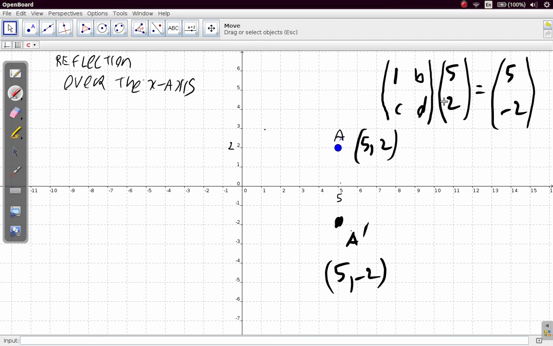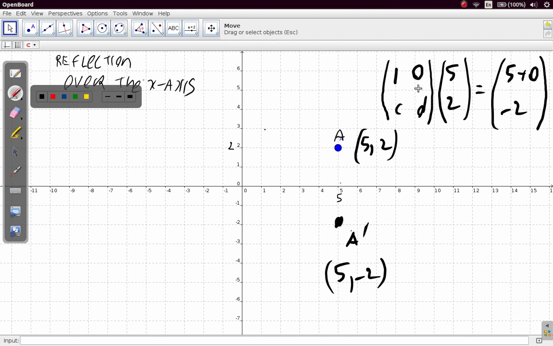Now B times 2 plus 5 gives you 5. Now remember, when you multiply the matrix, let me redraw this thing here. It's 1 by 5 plus B by 2. It gives you 5. What do you add to 5 to let 5 remain? It must be 0. That means B by 2 would be 0. So B would have to be 0. 0 times 2 gives you 0. So B must be 0.